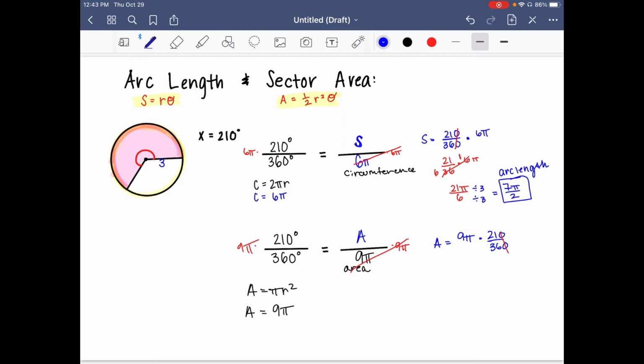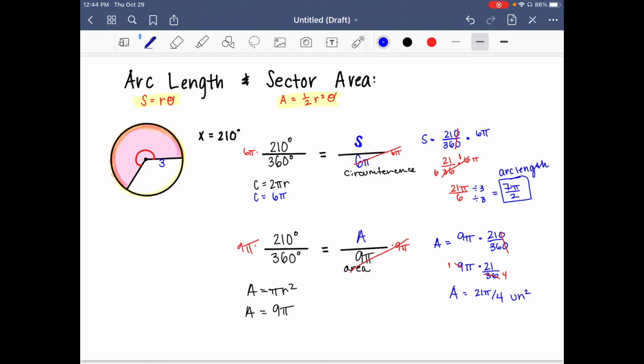So I have 9 pi times 21 over 36. When I divide 9 by 36, I'm left with 1 over 4. So finally, I have A equals 21 pi over 4. I cannot simplify that further.